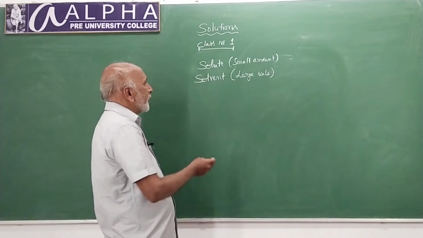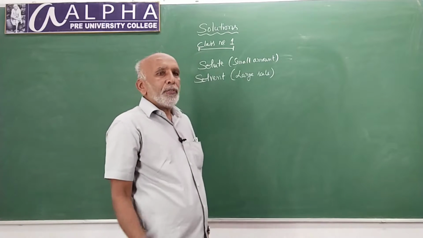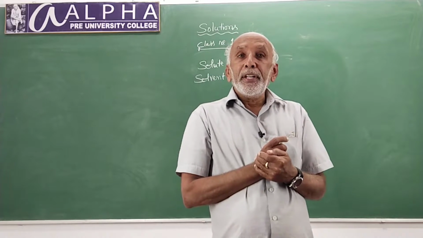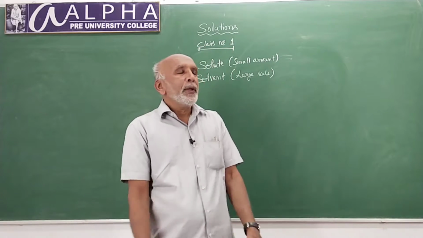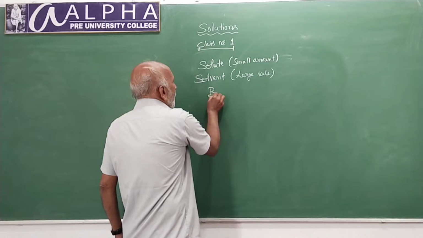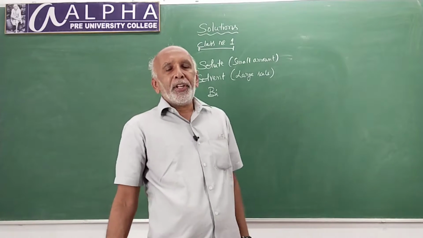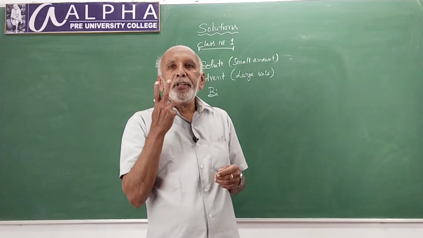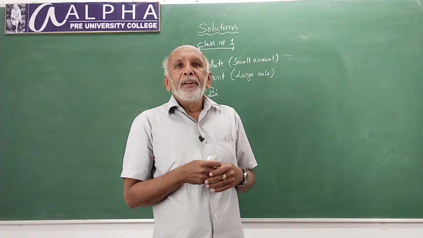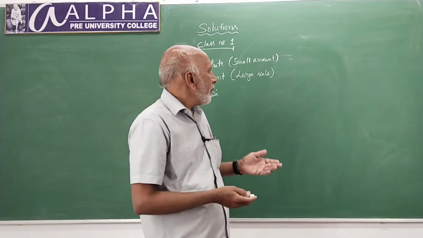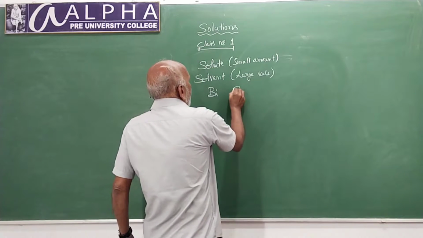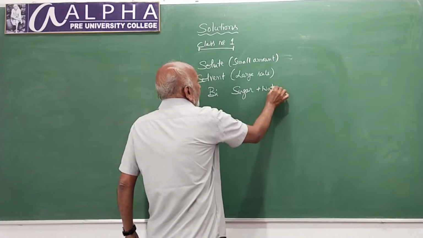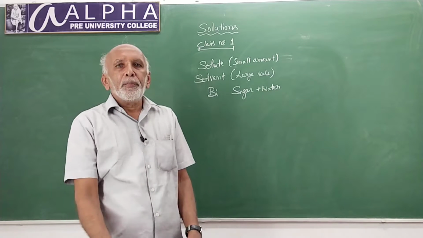If a solution is made up of only two substances, of which one is solute, another one is solvent, then it is known as a binary solution. A binary solution is one which is made up of only two components. Example: sugar plus water, that is sugar solution.